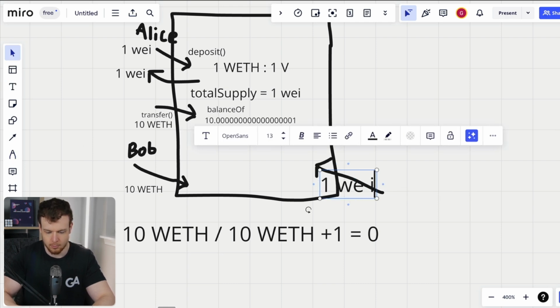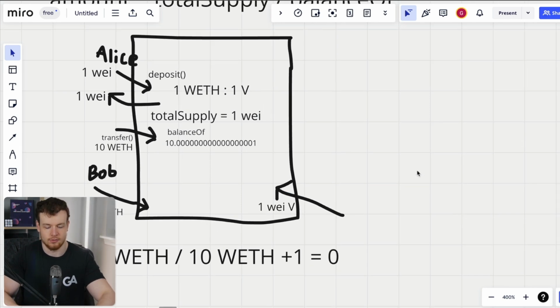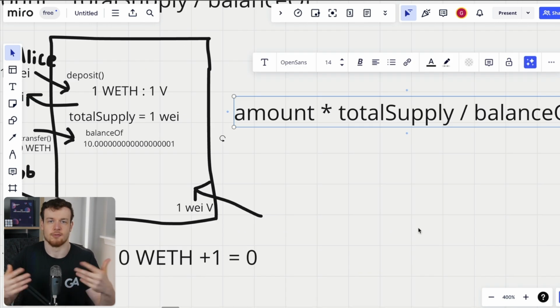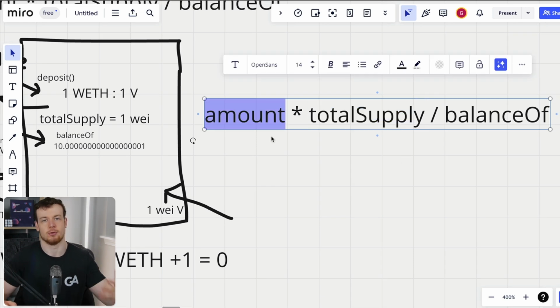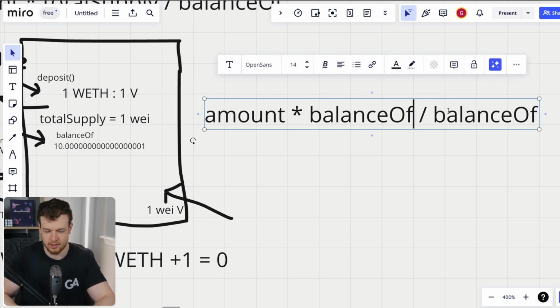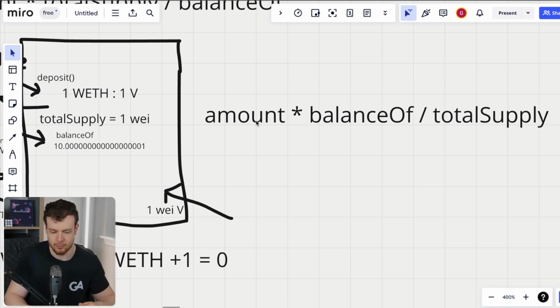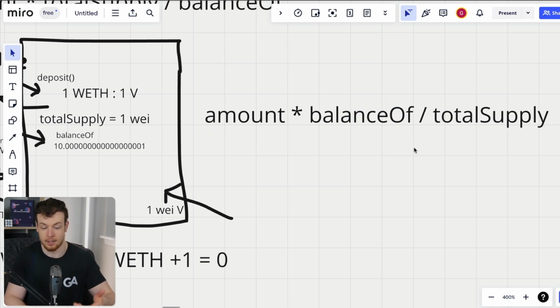So one wei of V, and we will compute how much Alice should be able to withdraw with essentially the inverse of this equation. So instead of this amount being a wrapped ether amount, this is a vault token amount. And then instead of multiplying by total supply, we multiply by balance of, and we divide by total supply. If we work through the units, we have vault token times wrapped ether divided by vault token, and we end up with wrapped ether.